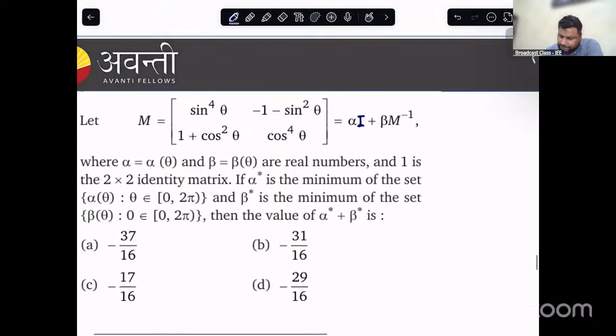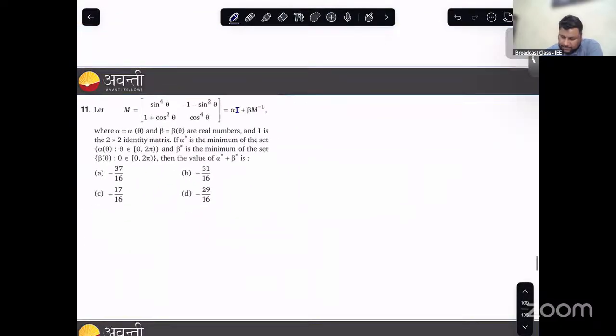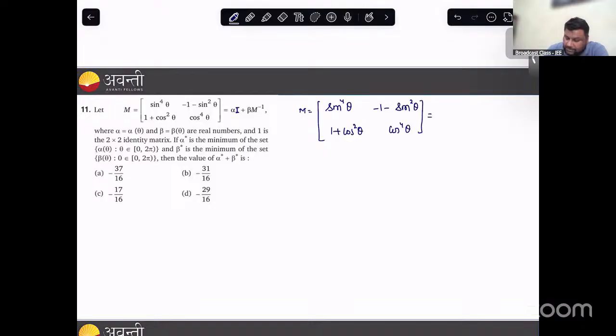Now see. M is sine to the power 4 theta, minus 1 minus sin square theta, 1 plus cos square theta, cos to the power 4 theta, equals alpha times the identity matrix 1, 0, 0, 1 plus beta times M inverse.